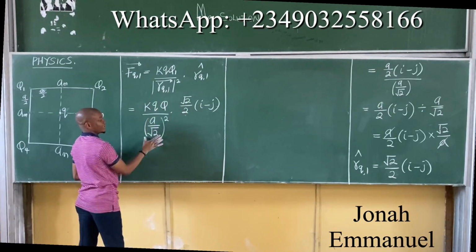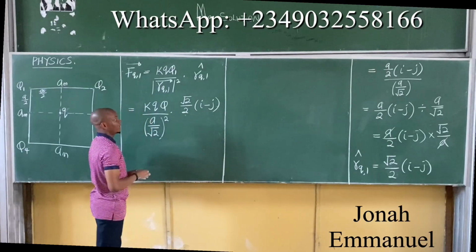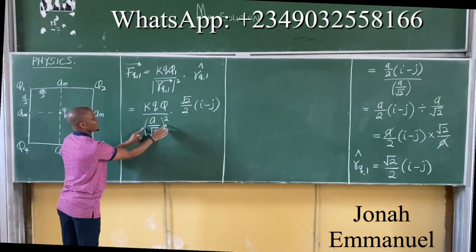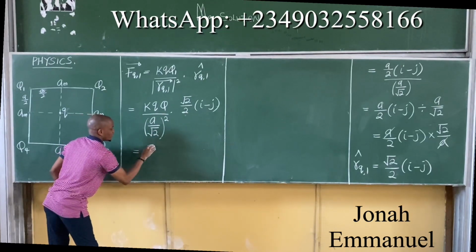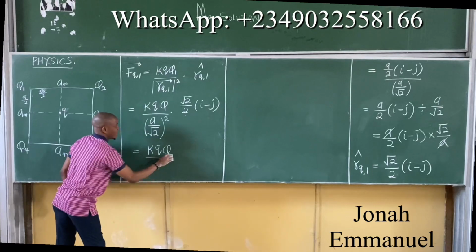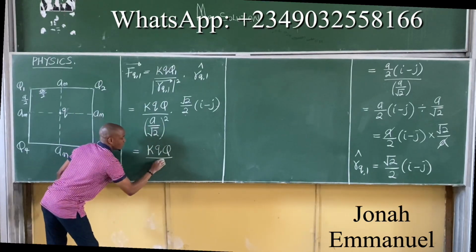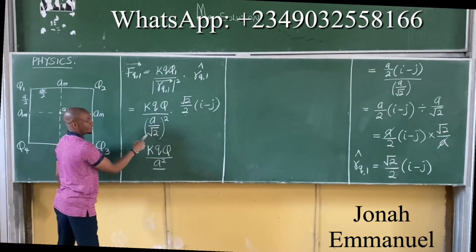That's it. So Q1 was equal to Q. This value was this, all squared, dot this value is what you have there. Simplify this one first. This will now be equal to k Q Q all over, this and this gives you A squared, all over, let's save time, square cancels square root, I mean?